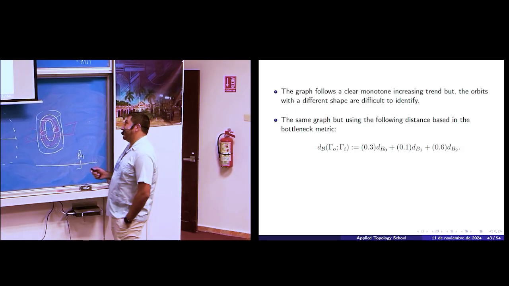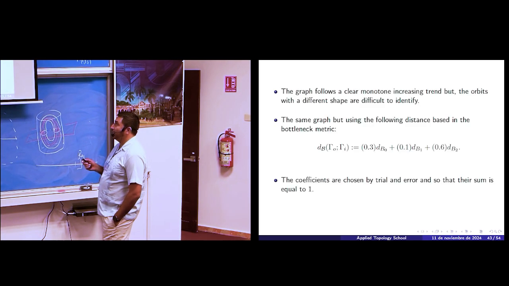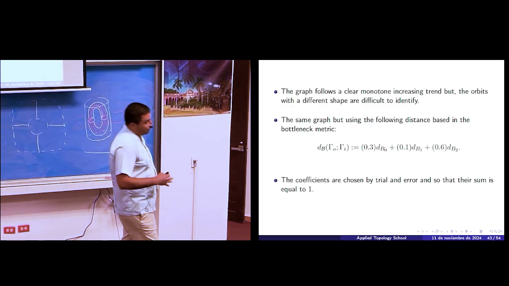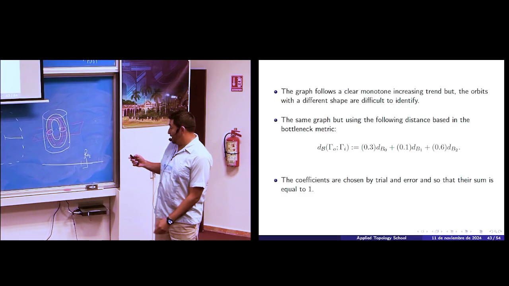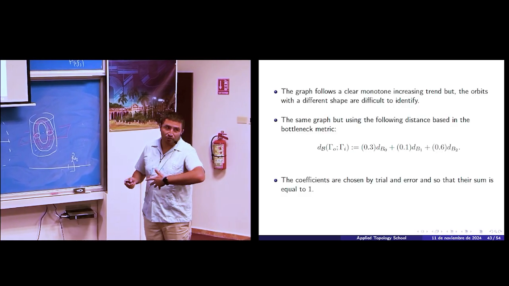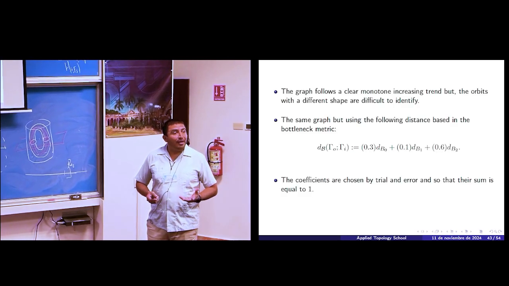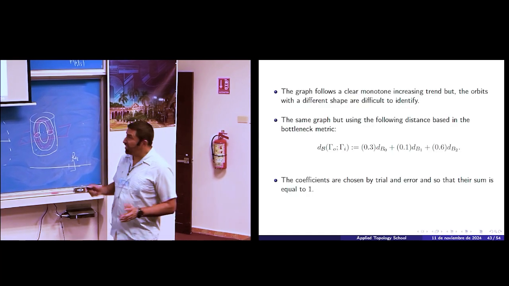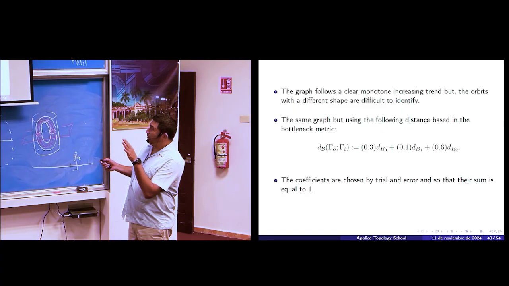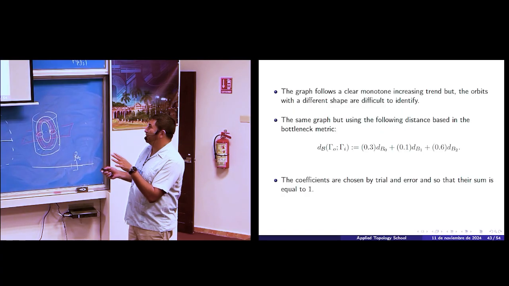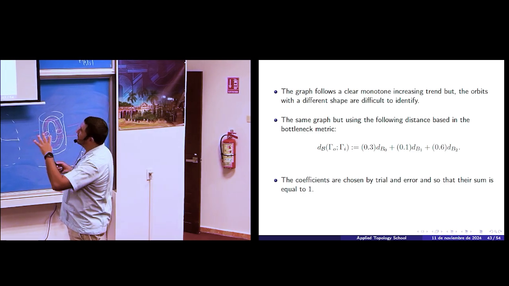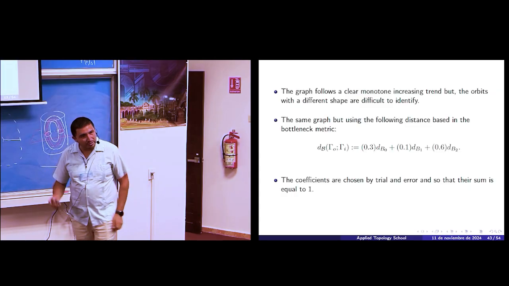That is the reason why these coefficients are difficult to explain. We chose these weights or these coefficients by trial and error. Sorry? Yeah. But the coefficients are chosen by trial and error, and so there's some equal to 1, only to catch which homology is the more important to order.